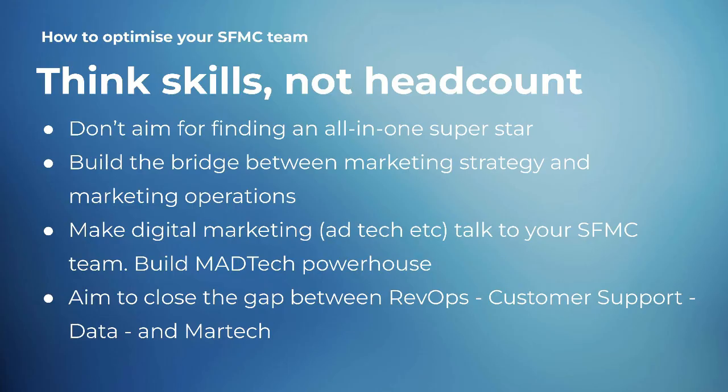And another gap, the third one, we know it's challenging. This team should be able to close the gap between revenue operations, customer support, and data. Quite a lot of data points, a lot of triggers, and a lot of what happens to your customers in interaction with customer support belongs to Marketing Cloud as incoming data, like NPS surveys, as an outcome of support tickets, as a separate data stream.